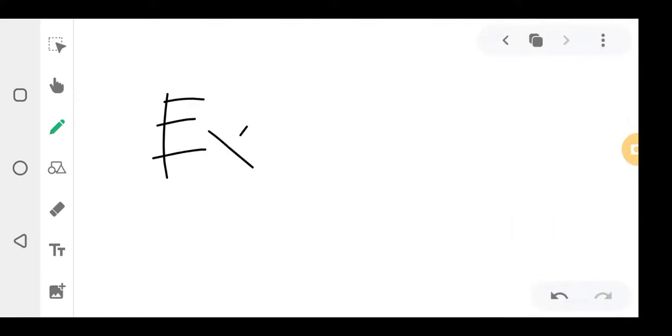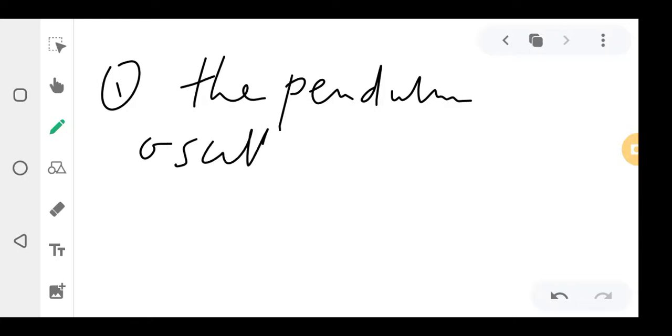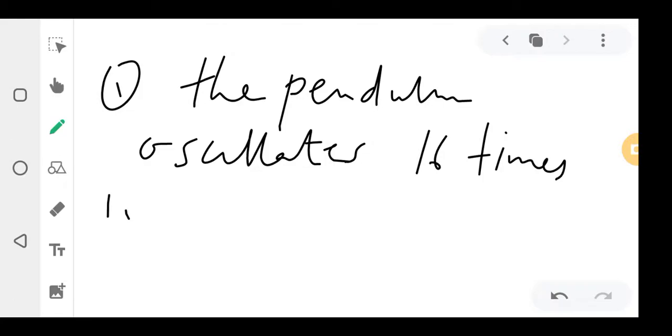So now we're going to have an exercise, guys. Solve the exercise. The first one is, the pendulum oscillates 16 times in 0.2 seconds.